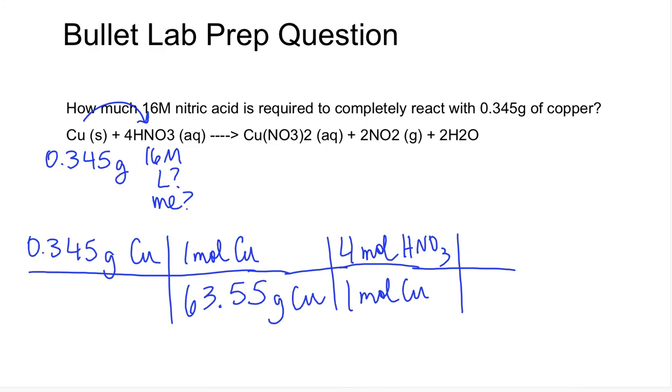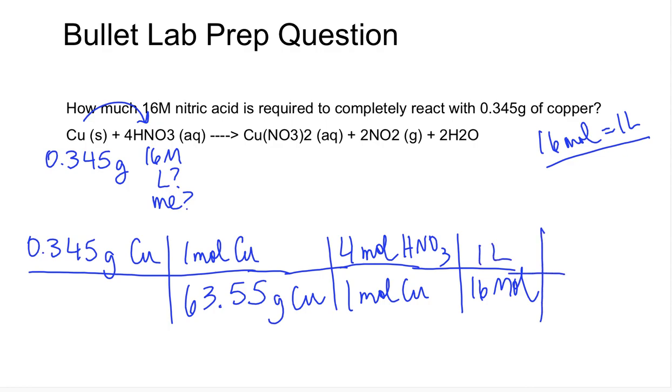Now what do? Who can figure this out? Liters, how? I have the molarity, right? You need to remember that this equivalency can be placed right side up or upside down in your dimensional analysis. So I have 16 moles for every 1 liter. And now I know, though, that every 1 liter, because I'd rather measure it in mils, is 1,000 mils.